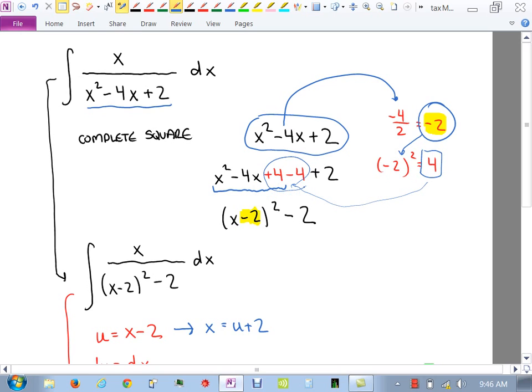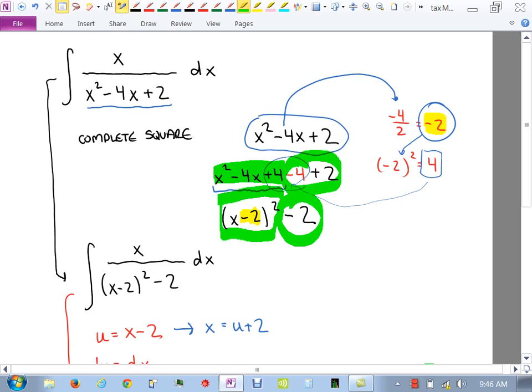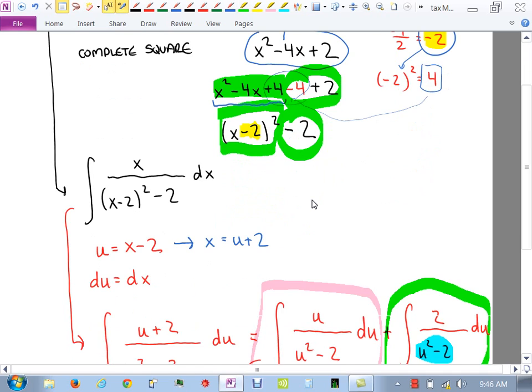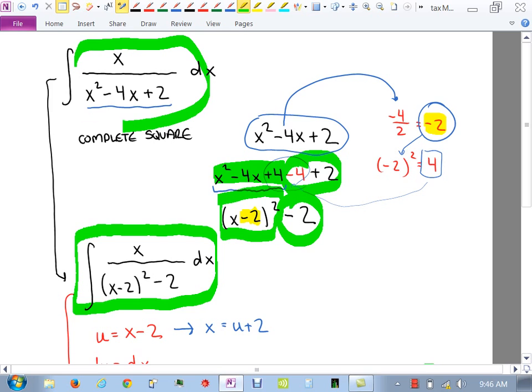So I'm going to add 4 and take away 4. The first 3 terms of this quadratic are guaranteed to factor, and here's what it is. And then you put these last 2 together and you get this. So that's our completing the square. So now we have this integral instead of the one up here.